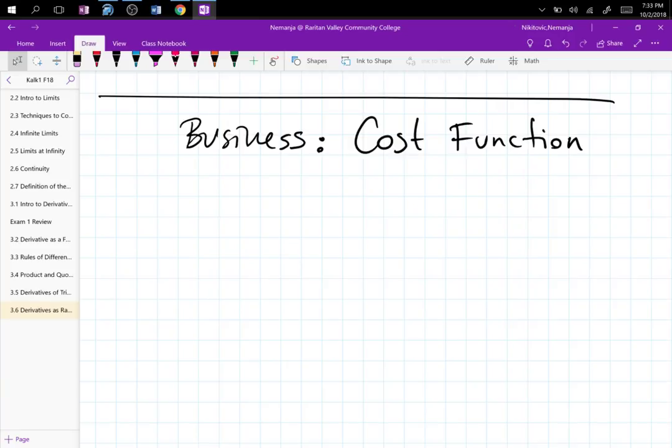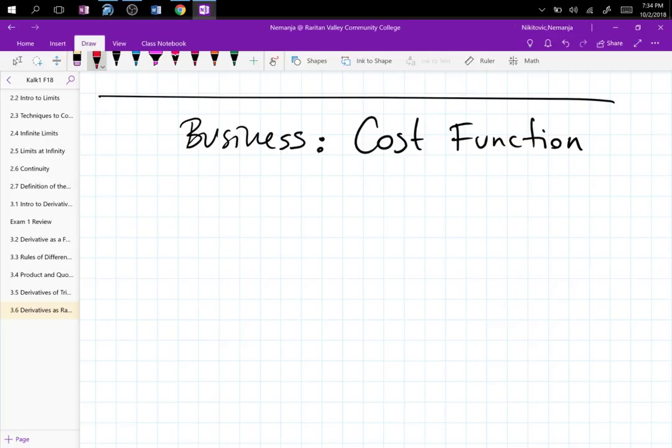This problem is concerned with what to do with the cost function, what kind of analysis you can do. So we look at the average cost, and we look at the marginal cost, which is the derivative. But I guess the word marginal is less threatening than derivative, so we use marginal when we do business.